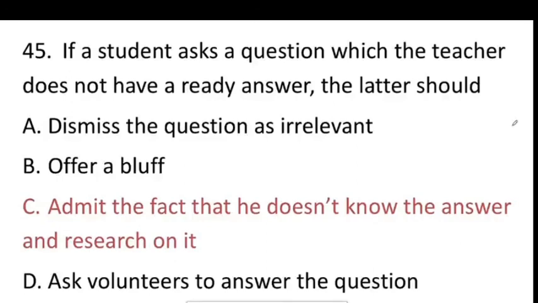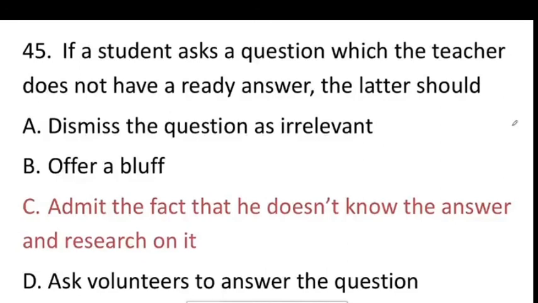Okay, so if that happens, the best thing for you to do is to do the same thing. So you say, I'm so sorry, I don't know what the answer is to that question. I will give that question as the assignment to the entire class. We'll discuss the answer to that tomorrow. Okay, so that's one hint for you to have whenever you conduct your demo teaching.